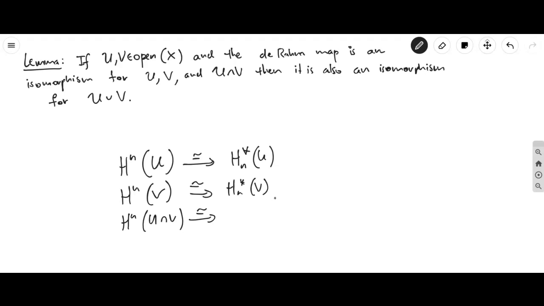Otherwise, it's just an empty set, the empty topological space, which, if you like pathologies, would be a manifold of every dimension. But anyway, if these are isomorphisms, then on the union, you also have an isomorphism.